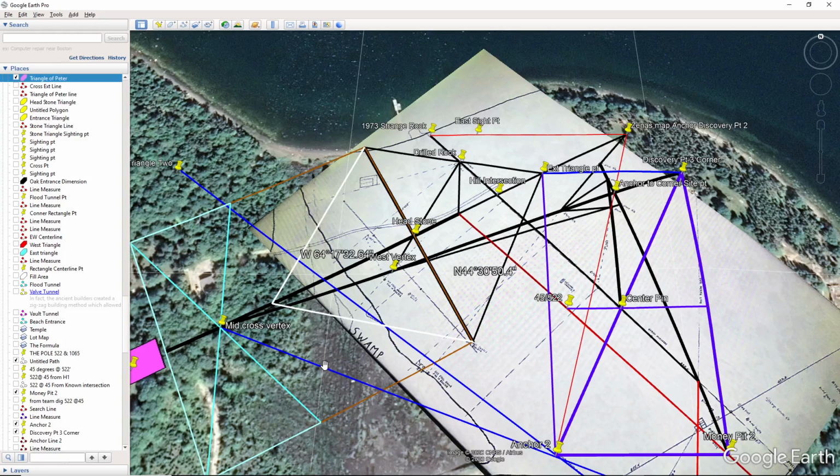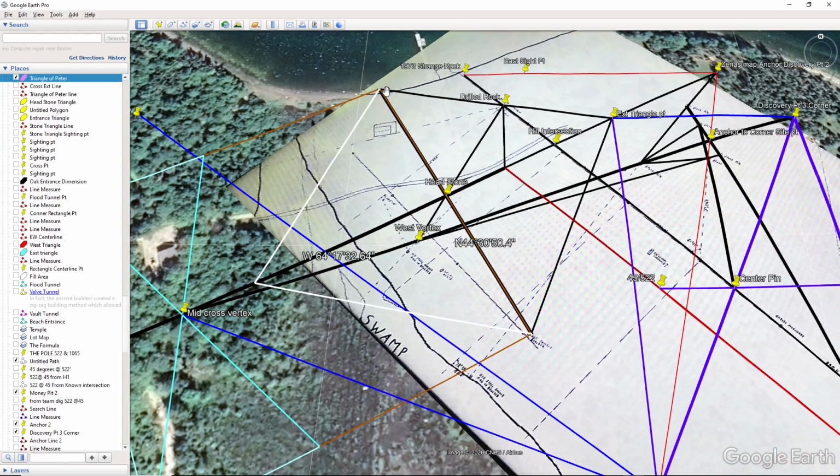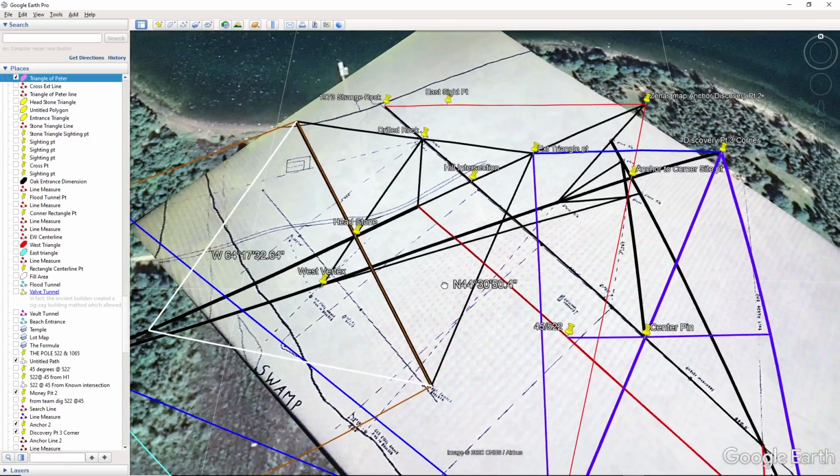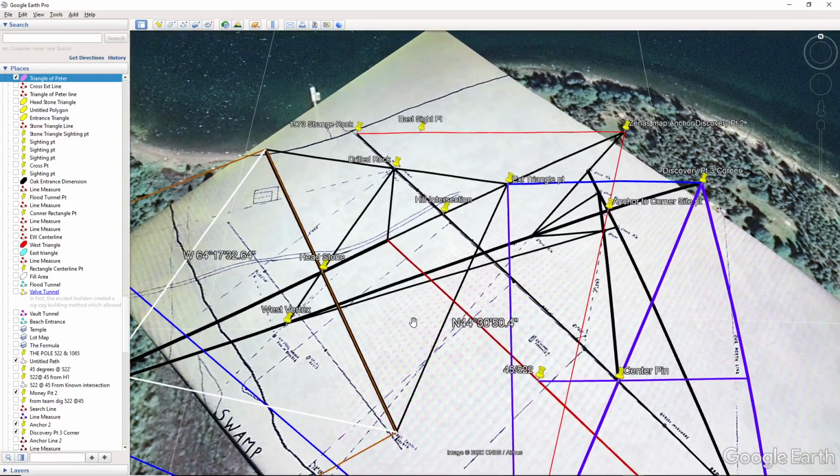One of the things in this theory is this white triangle here goes from the ends of Nolan's cross to the second stone in the pointer right here. And if you flip that over across the crossbars and extend this out here the exact same distance, I believe it's 430 feet, you end up right here.